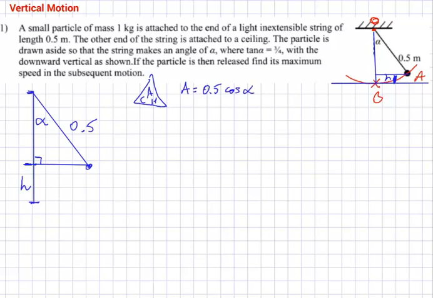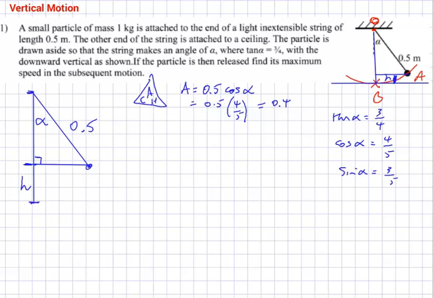Now if we appreciate that the tan of alpha is 3/4, alarm bells should immediately ring, and you should realize it's a 3-4-5 triangle, and the cosine of the angle is going to be 4/5, and the sine of the angle is going to be 3/5. So we can straight away say that's 0.5 multiplied by 4/5, which gives me an answer of 0.4.